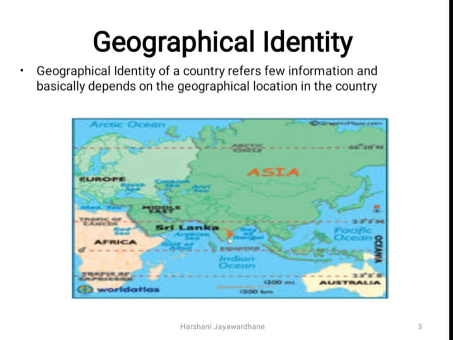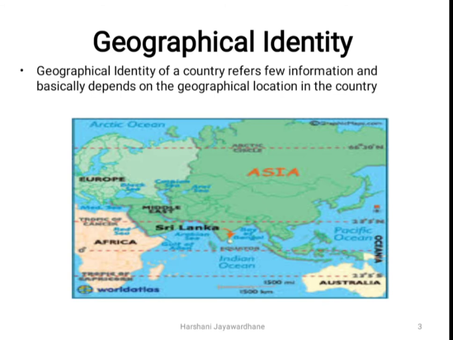Here, we are going to find the geographical identity of a country. When we identify the geographical identity, we have to get the geographical location of the country. So, the geographical identity of a country refers to information that basically depends on the geographical location of the country.